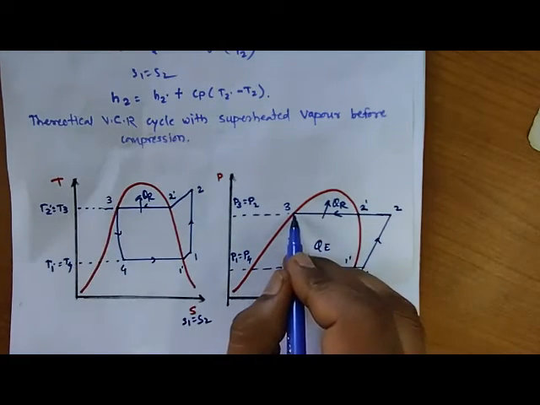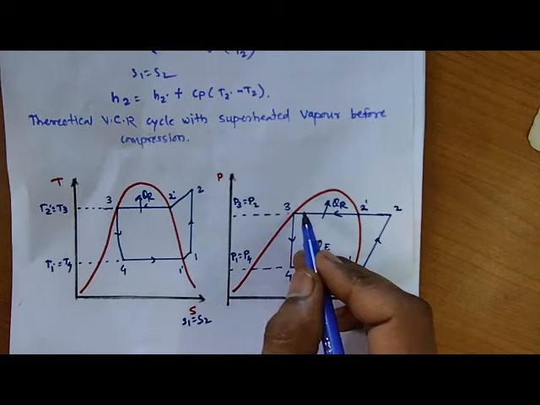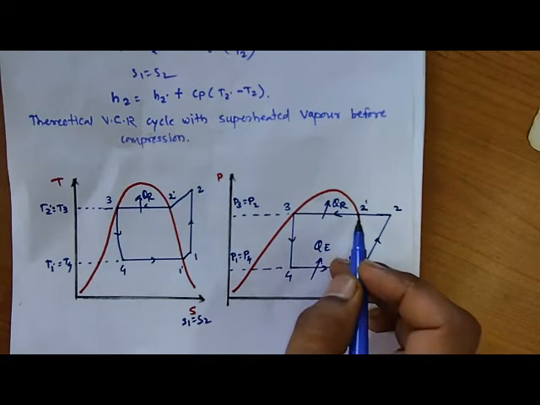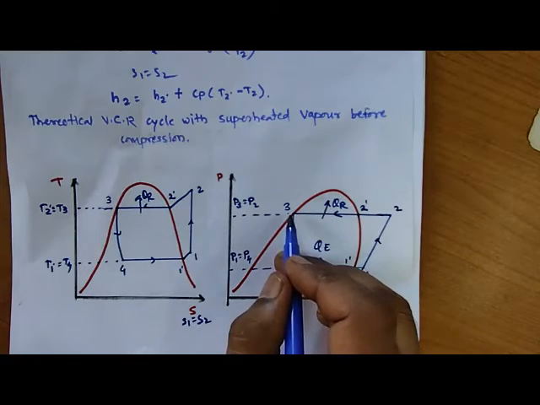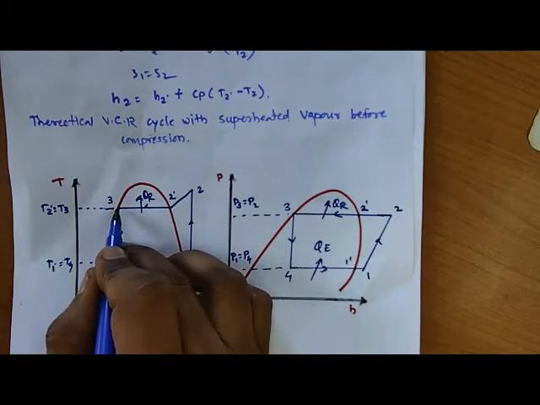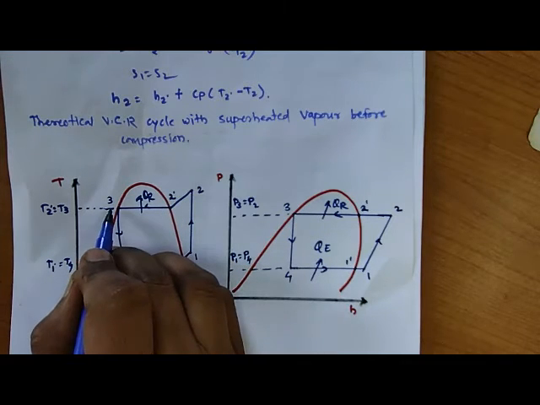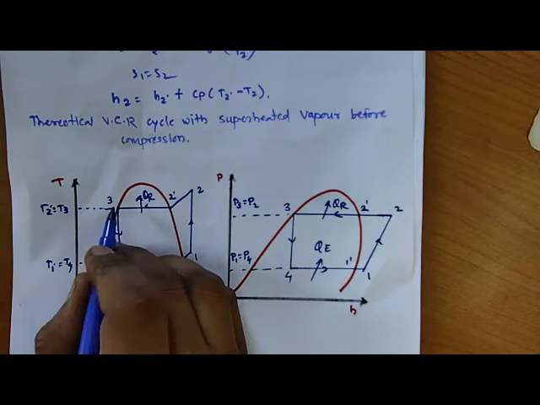So again, 2 dash to 3. In the condensation process, as we have already stated, there is a phase change, from gas to liquid. So 2 dash is on the saturated vapor line and 3 is on the saturated liquid line.